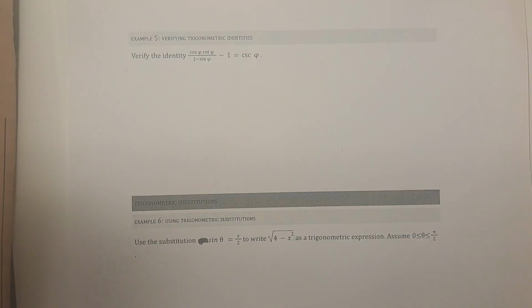So since 1 plus tangent squared is secant squared, we'll replace, so what I'm saying is we're going to use the fact that 1 plus tangent squared is secant squared.